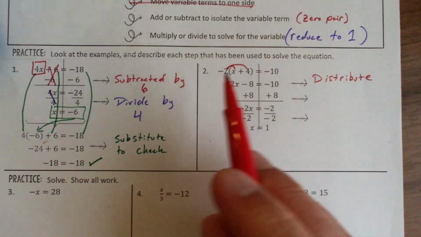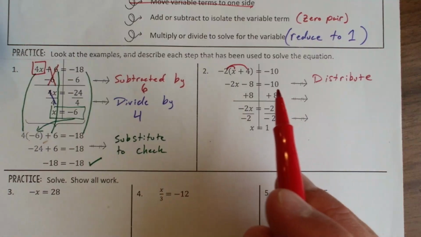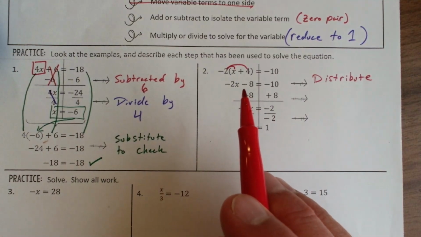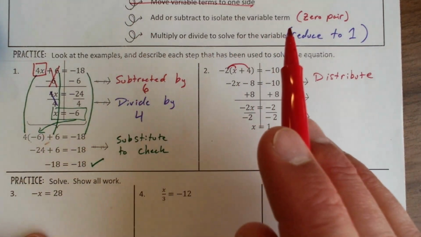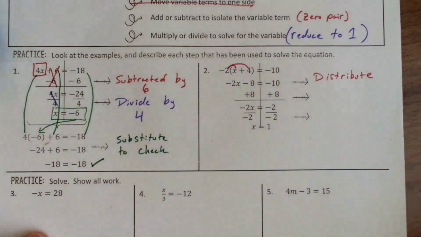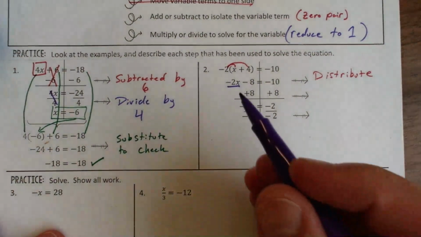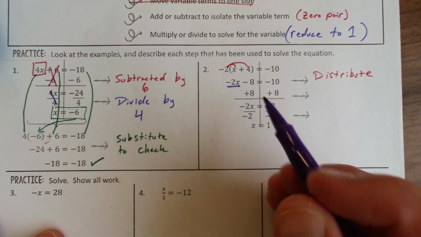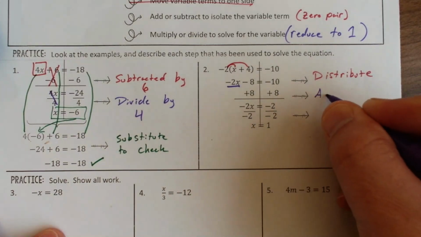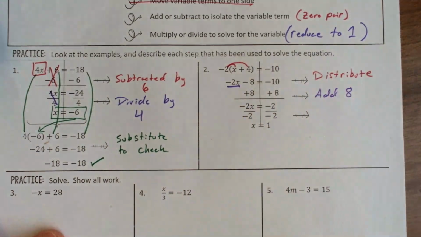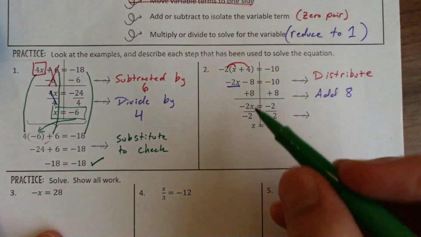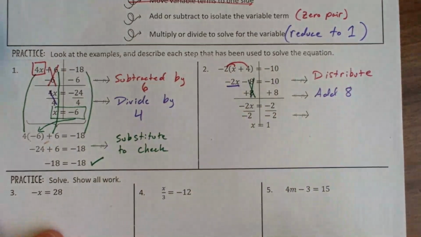Now that we no longer have parentheses, now we start isolating the variable. Now we add or subtract to isolate the variable term. We want to get this negative 2x all by itself. So the opposite of subtracting 8 is adding 8. So we add 8. This goes away, which is what we wanted.